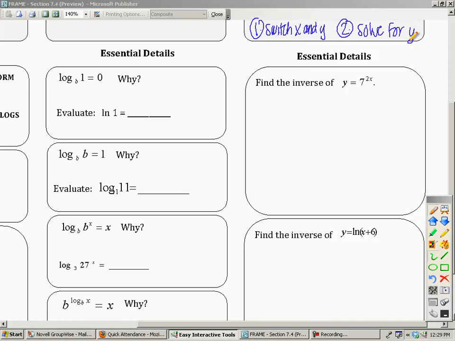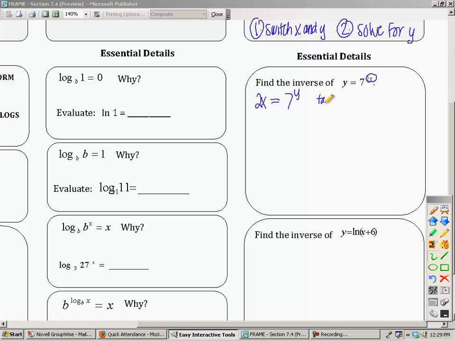So here we go. First step, we're going to switch the x and the y. In this case, we're going to take the whole x quantity and switch it. So we're going to say 2x equals 7 to the y. Now, the only way to get y by itself is to switch forms.